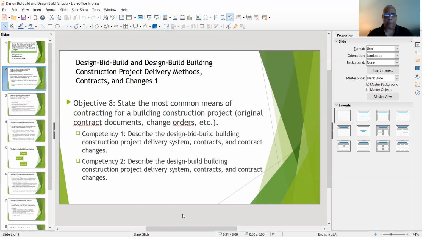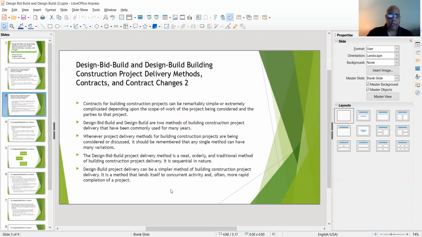So in our first competency, we're going to describe the design, bid, build construction project delivery system, contracts, and changes.